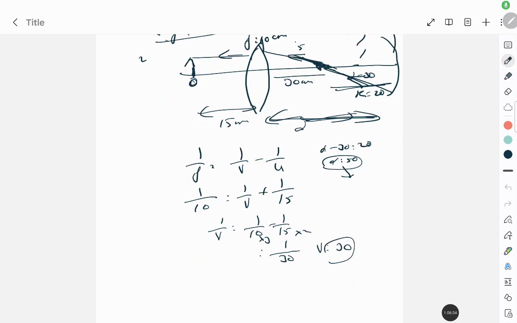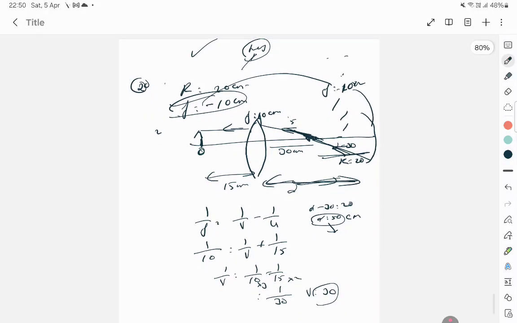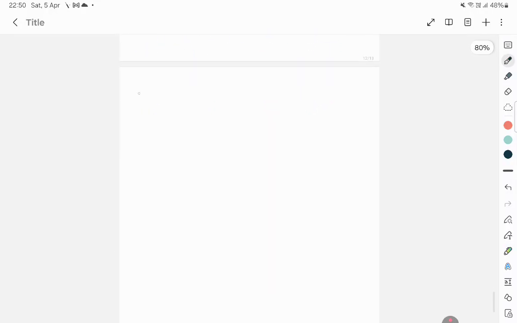Yeah, so this is right. So D has to be 50 centimeter. If you have any discrepancy, they've not given the final answers in this book, so the assignment sheet. So this is the answer. You can cross check and let me know what is yours.